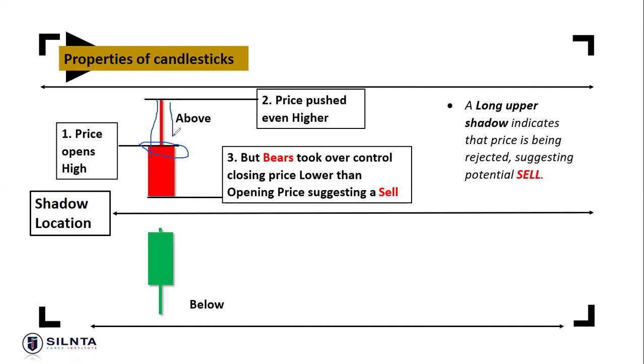They pushed the price all the way down until here. Do we agree there? Yes, sir. That is where it says, but bears took over control, closing price lower than the opening price. Then this movement, how the sellers came in aggressively to take the price from this high level down to this bottom level, is what is suggesting a sell.